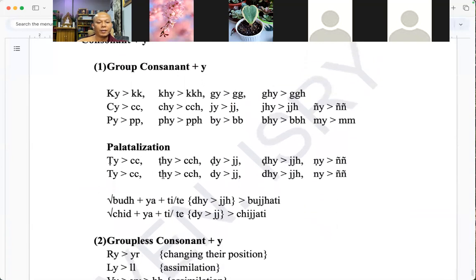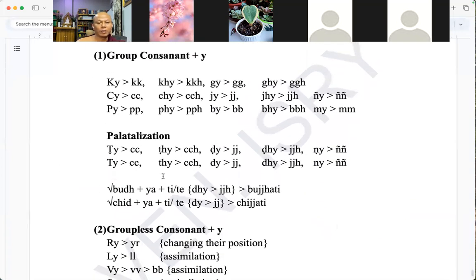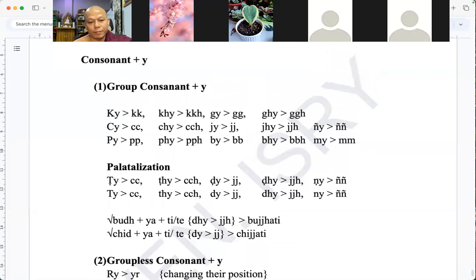Even though many, actually only two. One is assimilation. This group is assimilation.